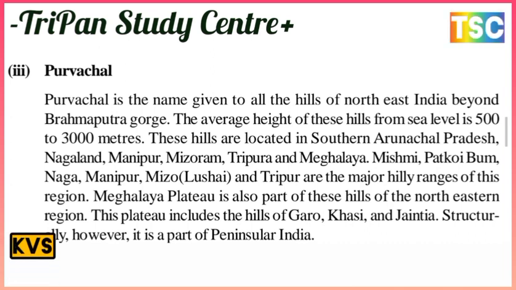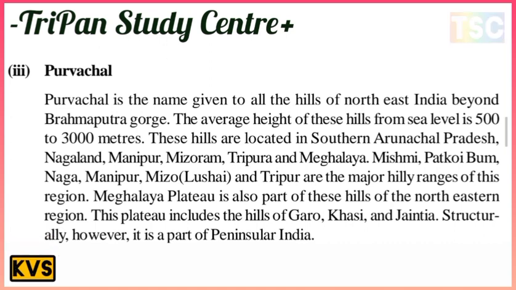The average height of these hills above sea level is 500 to 3,000 meters, and these hills are located in Arunachal Pradesh, Nagaland, Manipur, Mizoram, Tripura, and Meghalaya. There is an important part here.